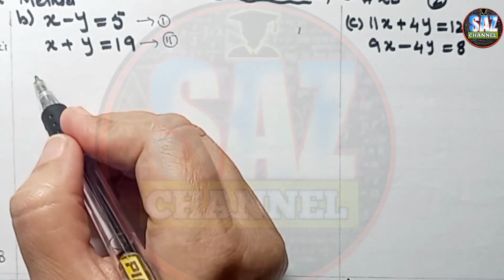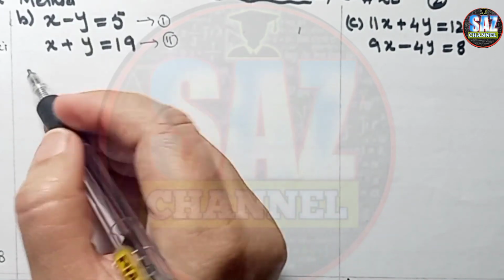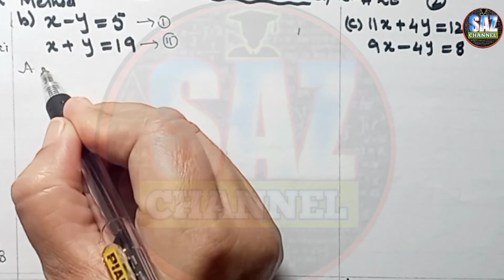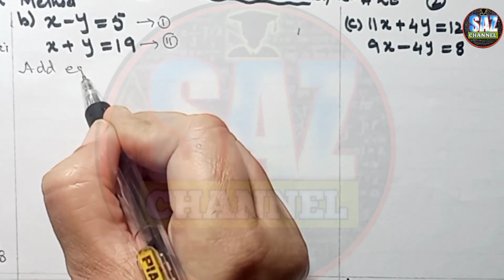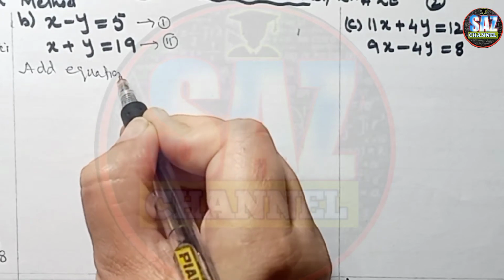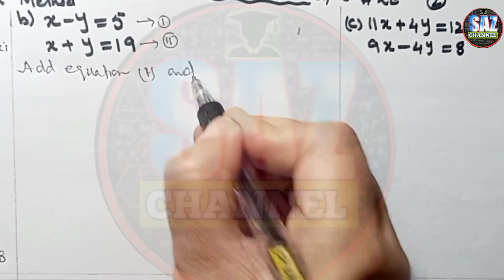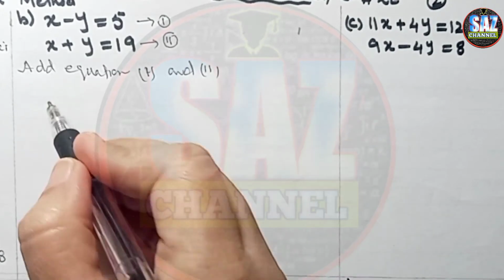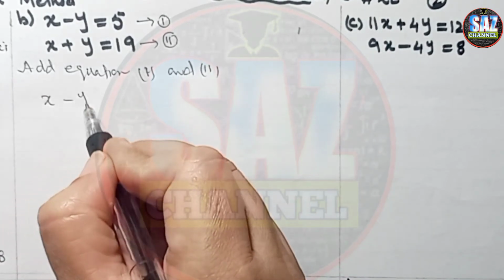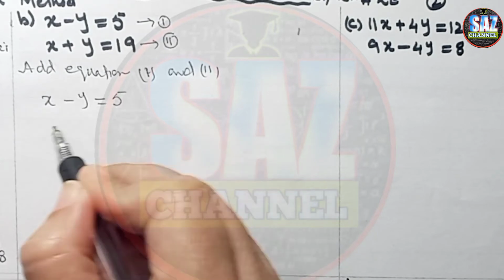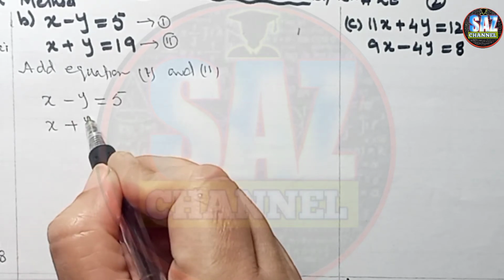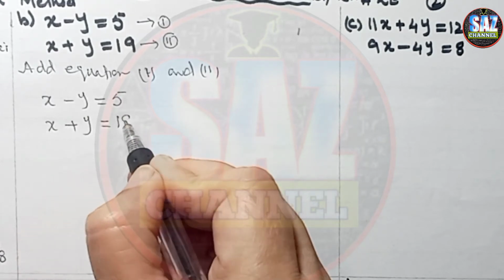Now, in order to solve these equations, I have to add equation 1 and 2. So when I'm adding them, x minus y equals 5 and x plus y equals 19.